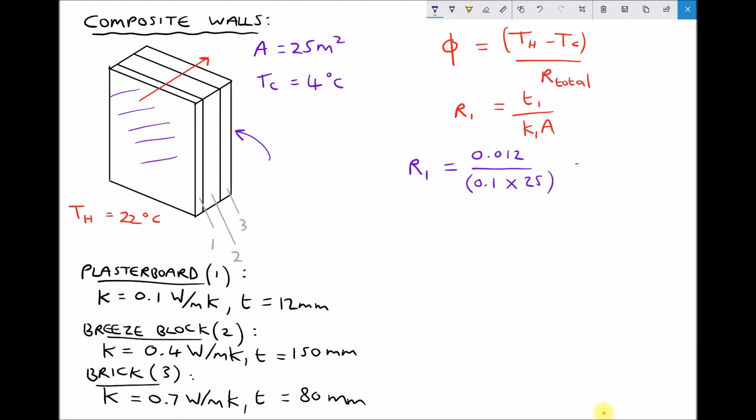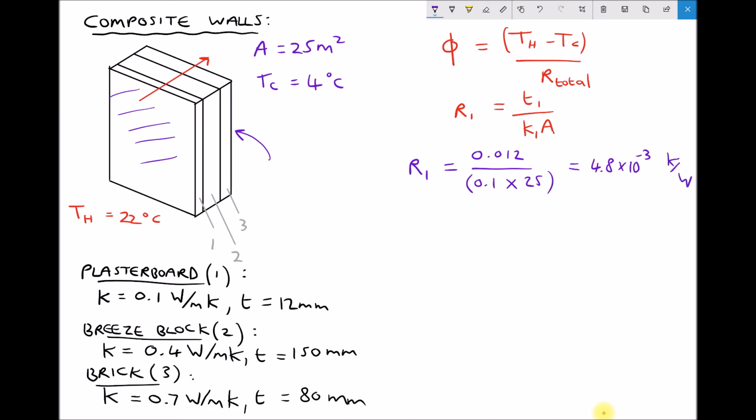Now when we run that through the calculator, we get a thermal resistance for the plasterboard equal to 4.8 times 10 to the minus 3. The units of thermal resistance is Kelvin per watt.